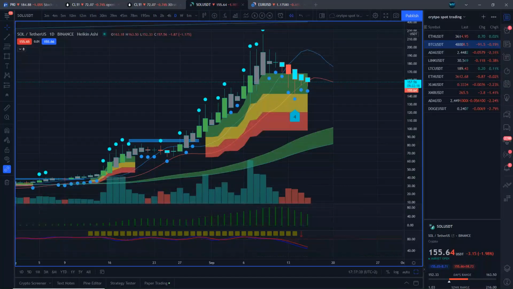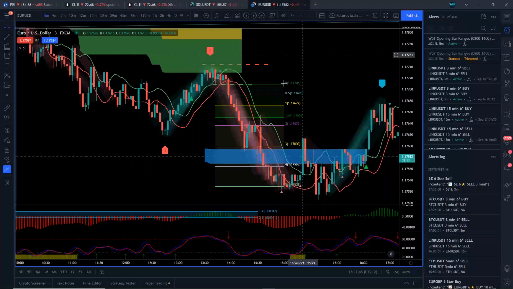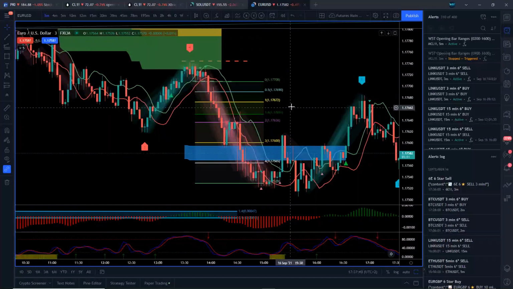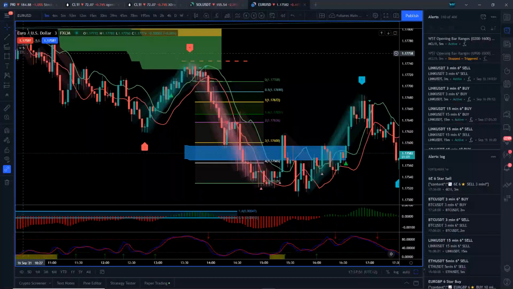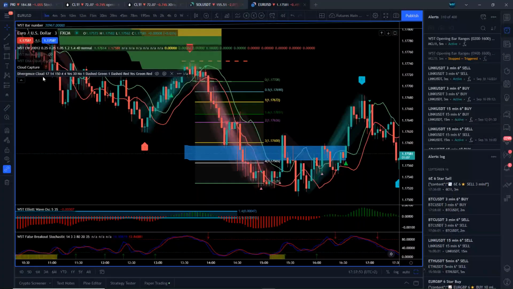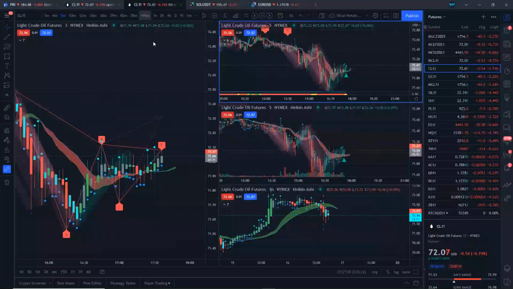I use Heikin Ashi candles because they're averaging candles, and I use other indicators. We've got another indicator called an XBRAT algo.